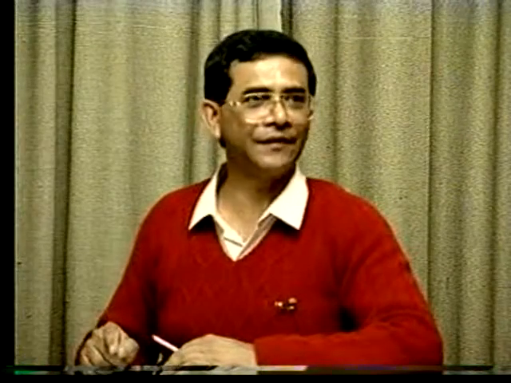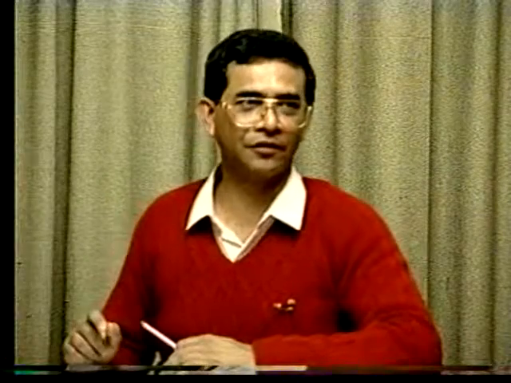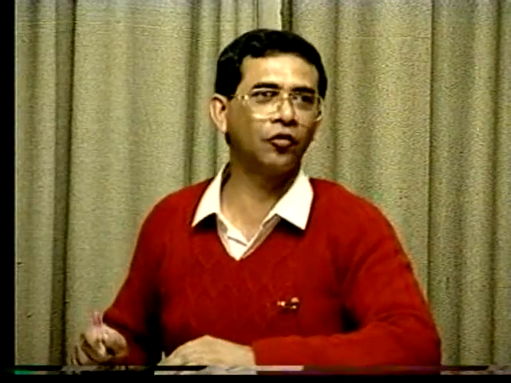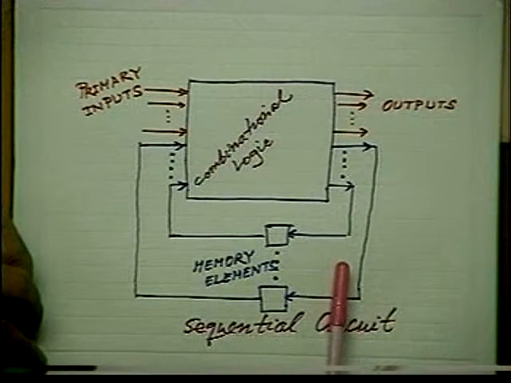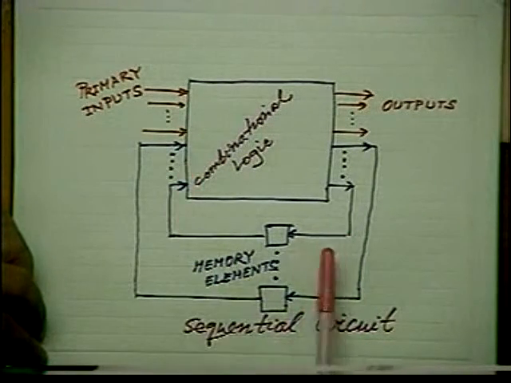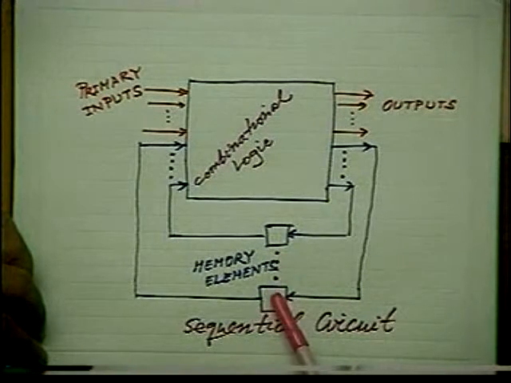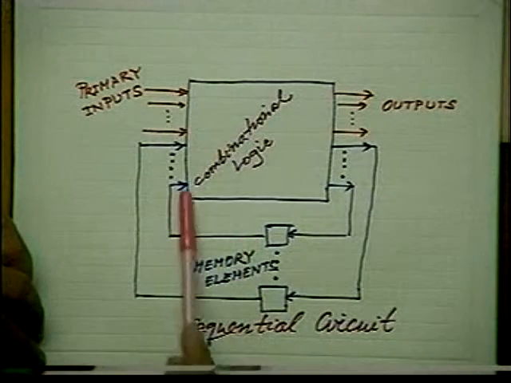Therefore, exactly at what instant of time it gets feedback depends upon whether the circuit is synchronous or asynchronous. In the case of a synchronous sequential circuit, we have a clock. The output that comes out over here becomes effective at the next instant of time. The state changes over to here, and the changed state becomes effective at the next instant.